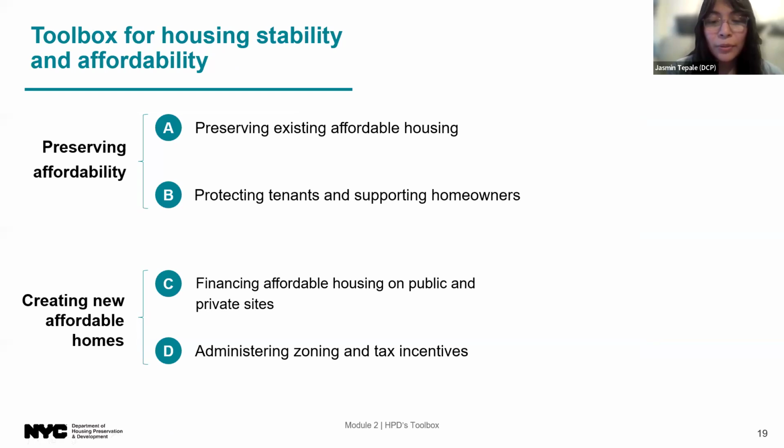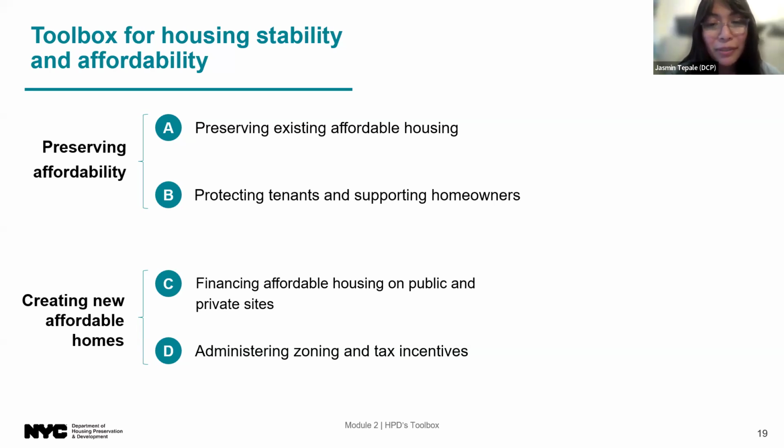And so I just want to share that the city has a few tools and strategies to achieve housing stability and affordability. They include protecting tenants and supporting homeowners, preserving existing affordable housing, creating new affordable homes, and providing flexibility through zoning.